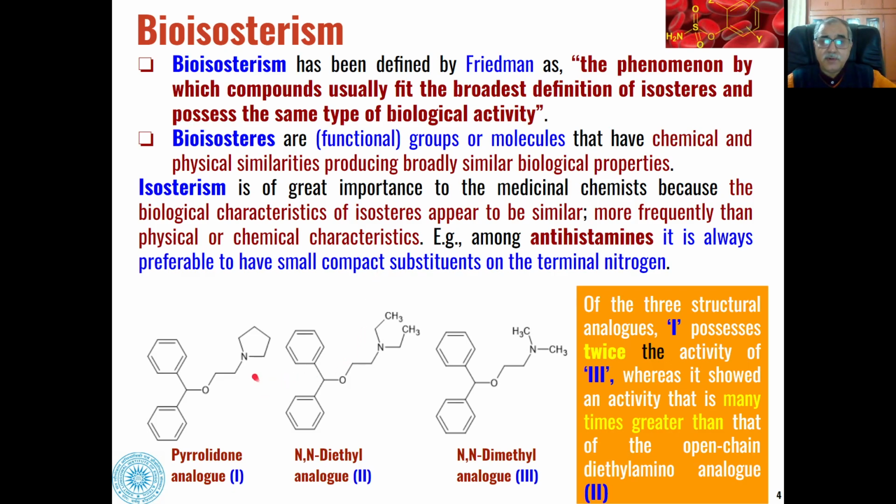So for example, if we see these three compounds, you will see that they have the same functional groups, tertiary amine and ether functional group. This is the ether functional group, this is also a tertiary amine. Only difference is in the structure of the tertiary amine moiety which is attached to the ether.